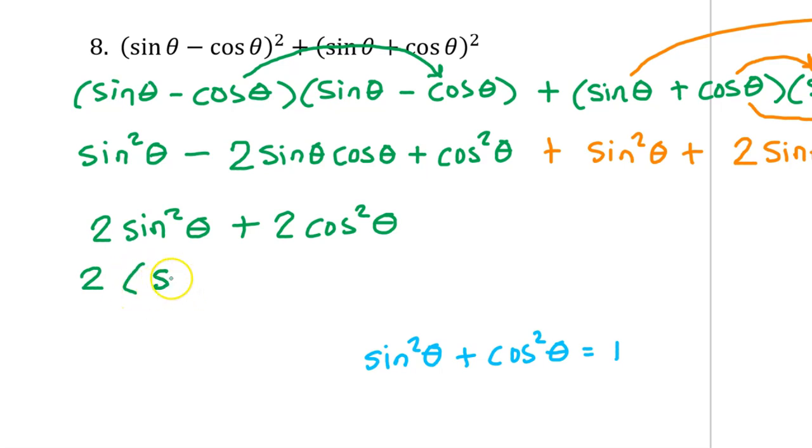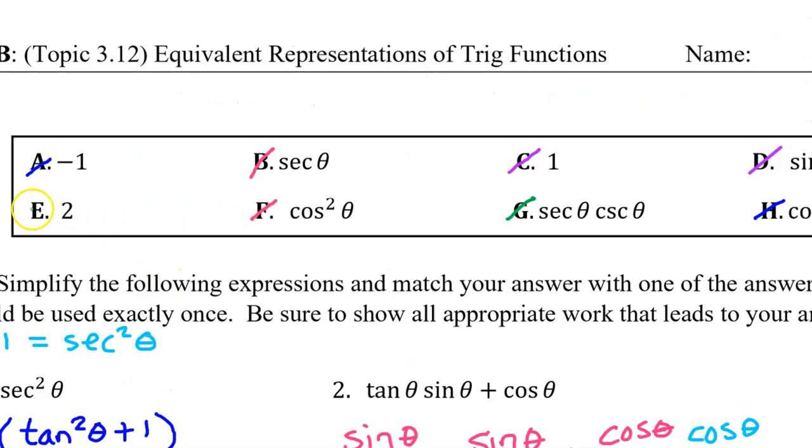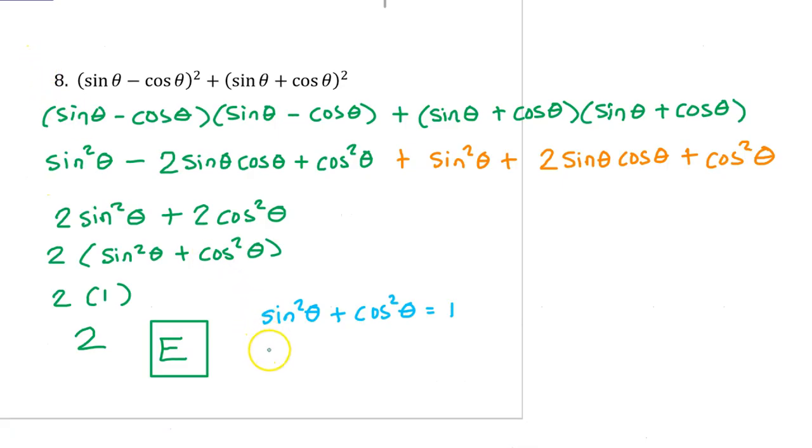That will leave behind sine squared theta plus cosine squared theta, which is equal to 1. And of course 2 times 1 is 2, which of course is the only remaining answer choice. And the answer to number 8 is E.